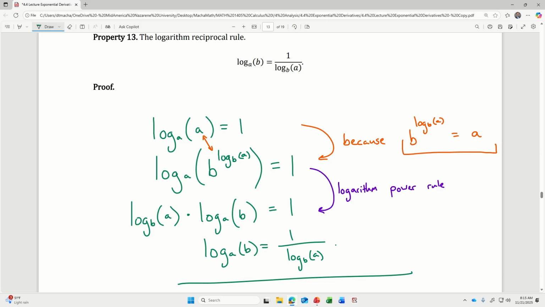So on our test, will we have a page where we have to prove all of the properties of logs, like we have with derivatives? So, it's not going to be all of them, right? You only have 75 minutes for your test, and so I can't give you every single one.